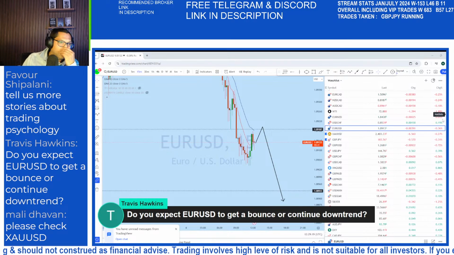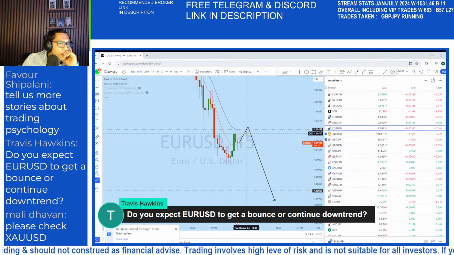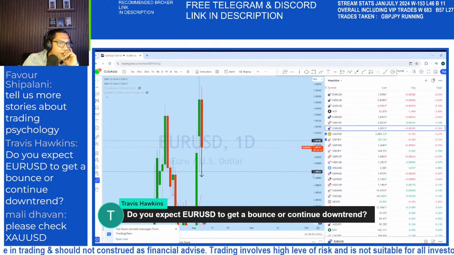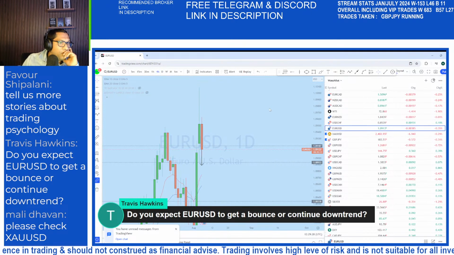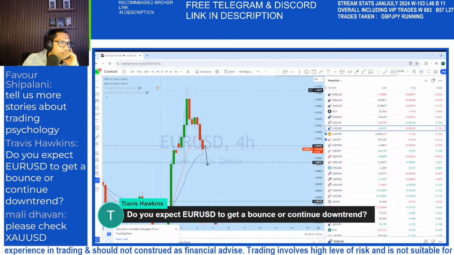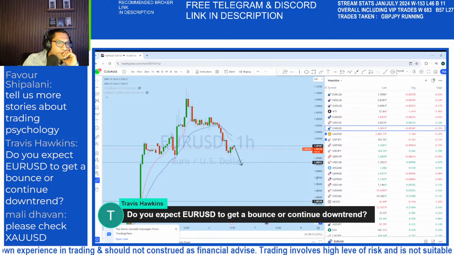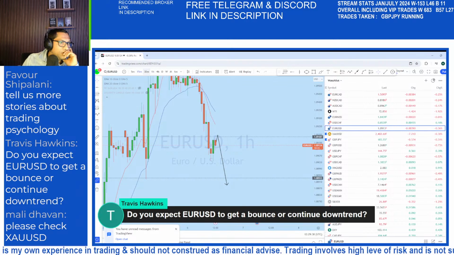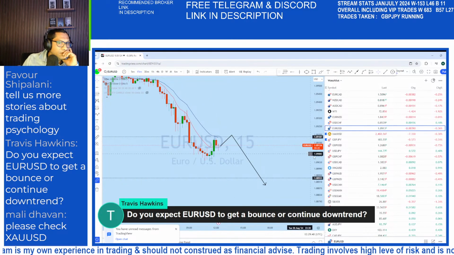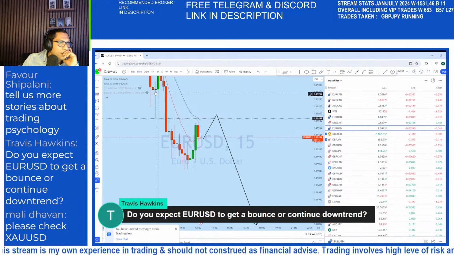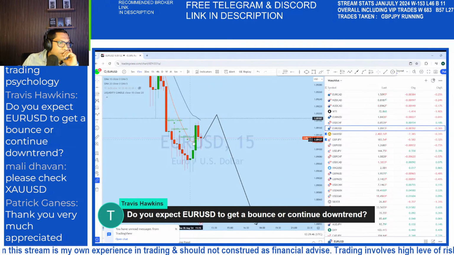Okay, so Euro USD, the price action, if you look at the daily again, it's falling down from the 4-hour, bearish from the 1-hour. We see that it's also bearish from the 15 minutes. There was a liquidity candle here, a couple of liquidity candles.